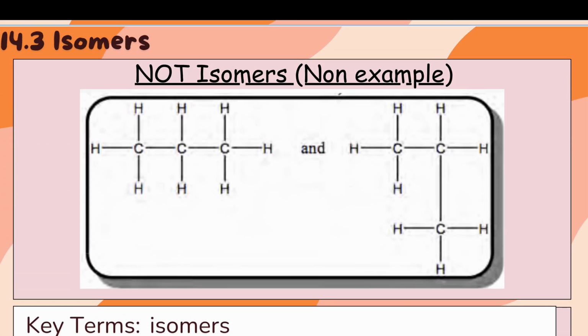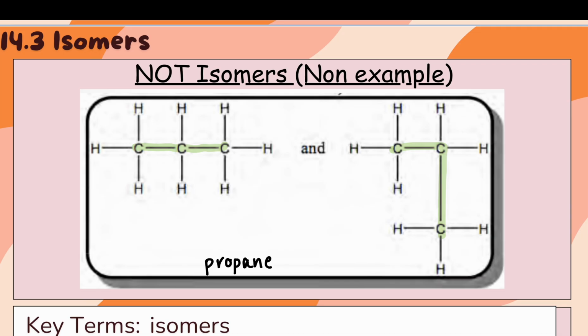Okay, this is a non-example of an isomer. Looking at these, both of them have a 3-carbon parent chain, which is the prefix prop, and all of them are single bonds, so we would label that propane. But notice how for both of them, they still have the exact same structure.